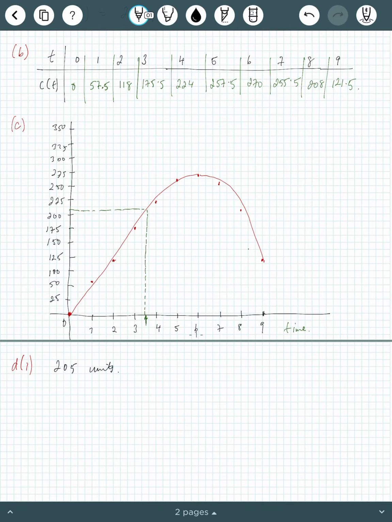Okay, D part 2 then, it says, how long after taking the drug will the amount of the drug in the bloodstream be 100 units? So obviously, go back here, use the green. We want to go to 100 here. And bring it all the way across, like so.